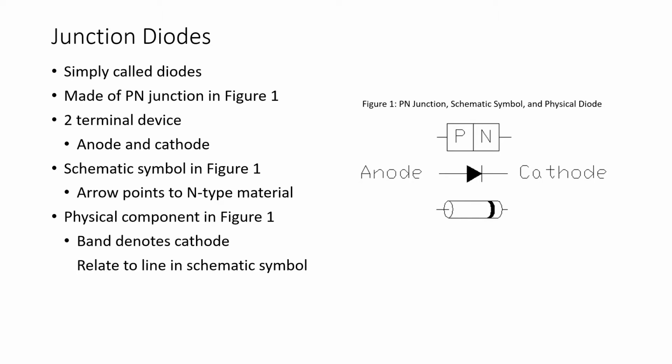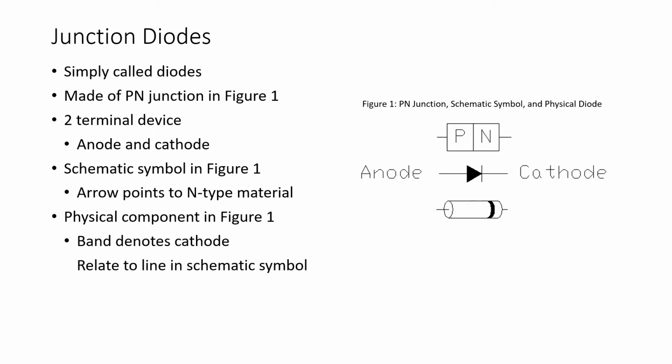Diodes are made of a PN junction, as shown in Figure 1. And these are a two-terminal device, and the terminals are identified as being the anode and the cathode.